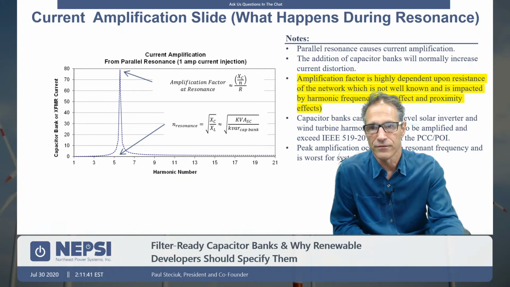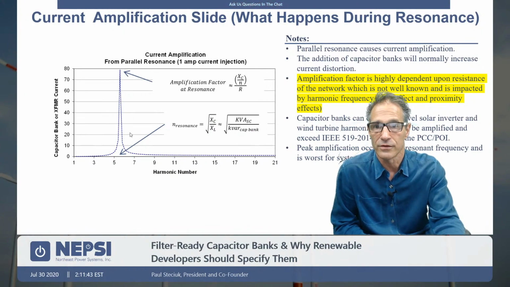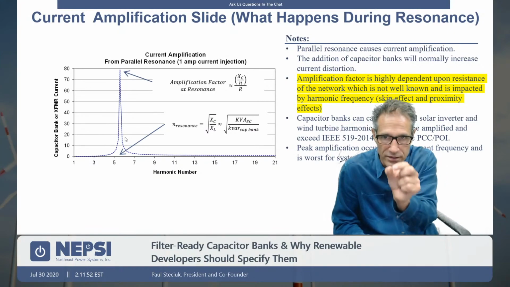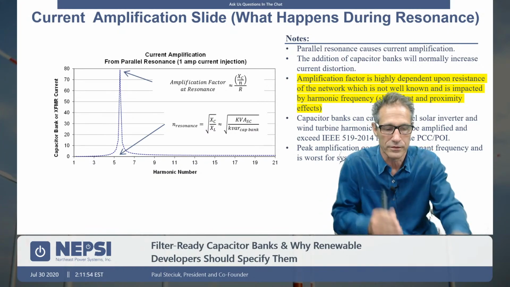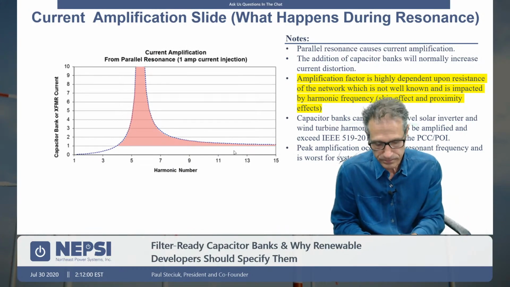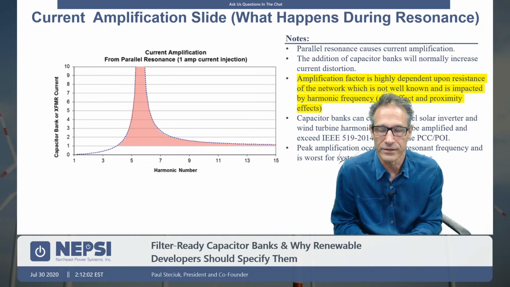The other thing that the resistance of the network does is it changes the width of the resonance. How much impact does this resonance have? How thin it is, or how fat that curve is. If we zoom in on this, you can see the area in red represents harmonic current amplification.